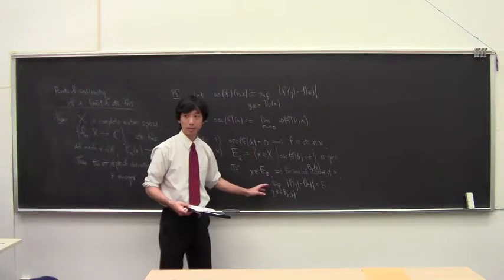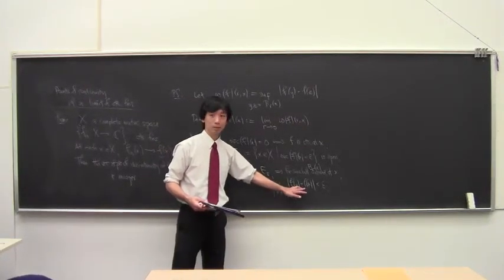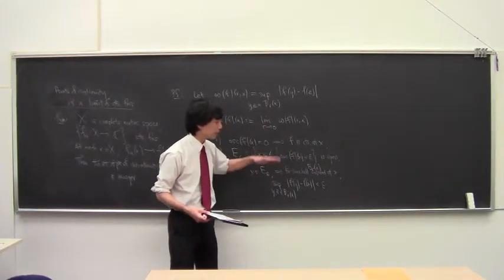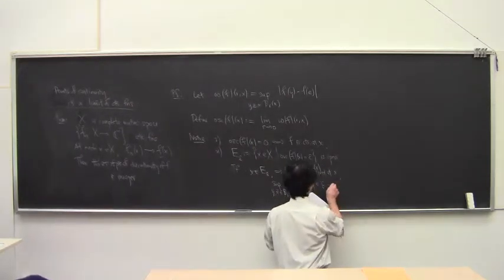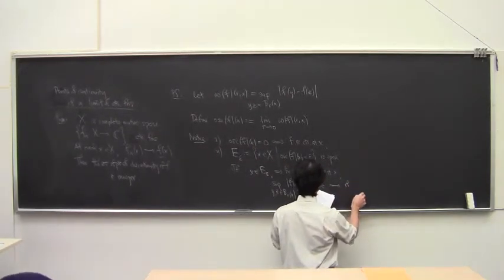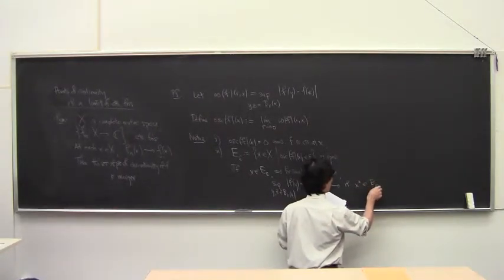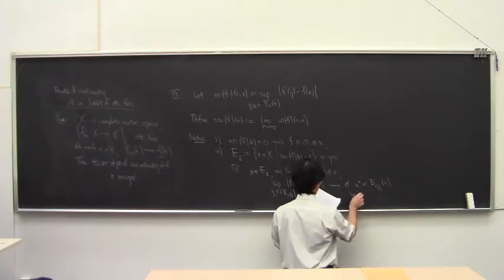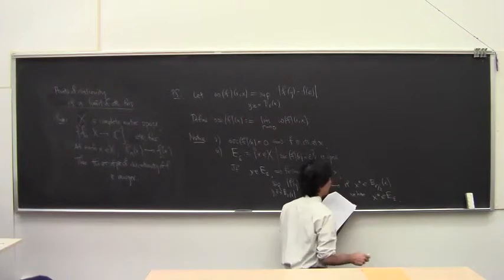You know that there's going to be some ball where the jumping is such that the oscillation of the ball is controlled, and then certainly if x star is in the half ball, x star is in E sub epsilon.